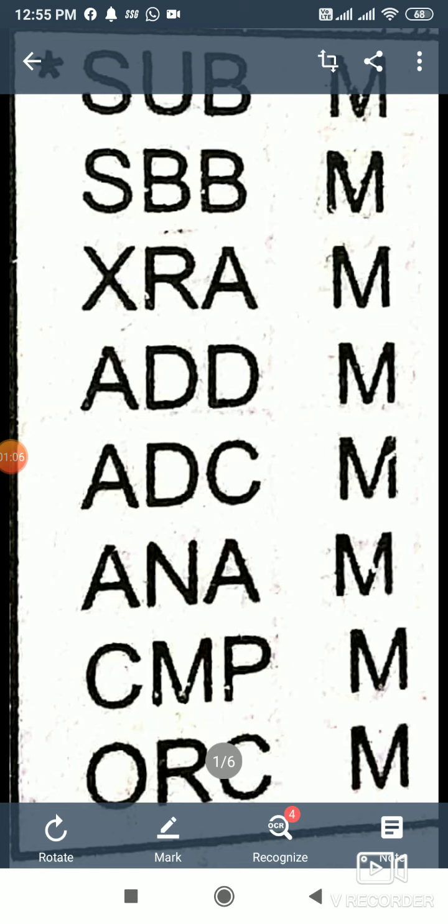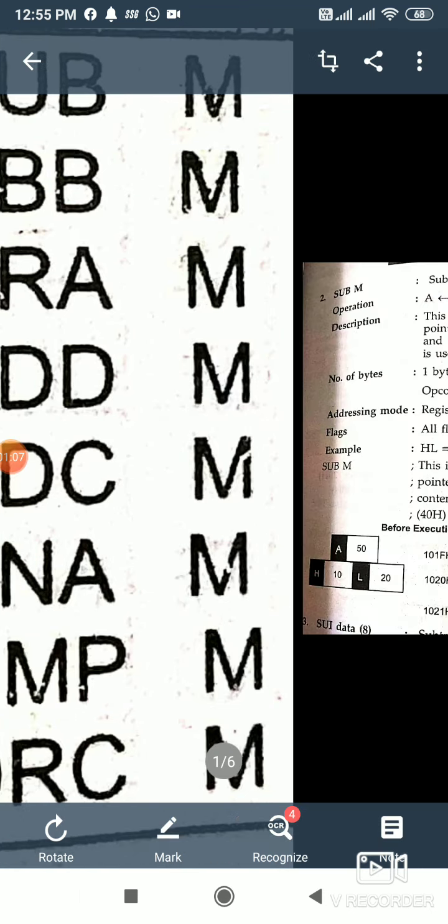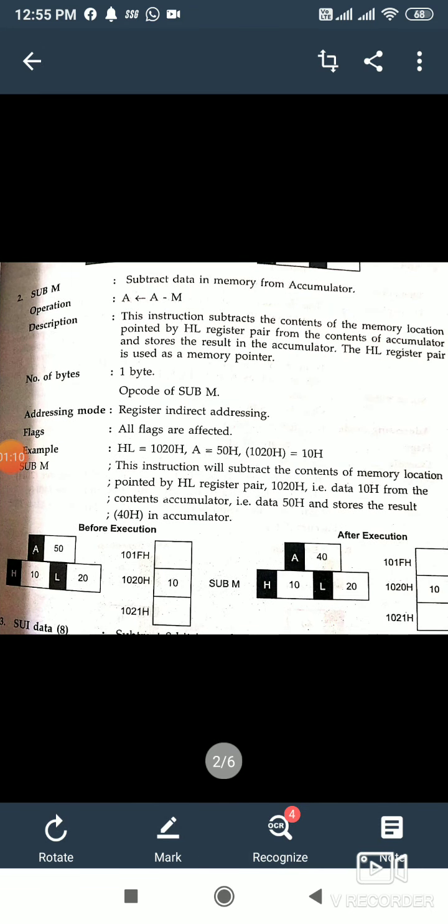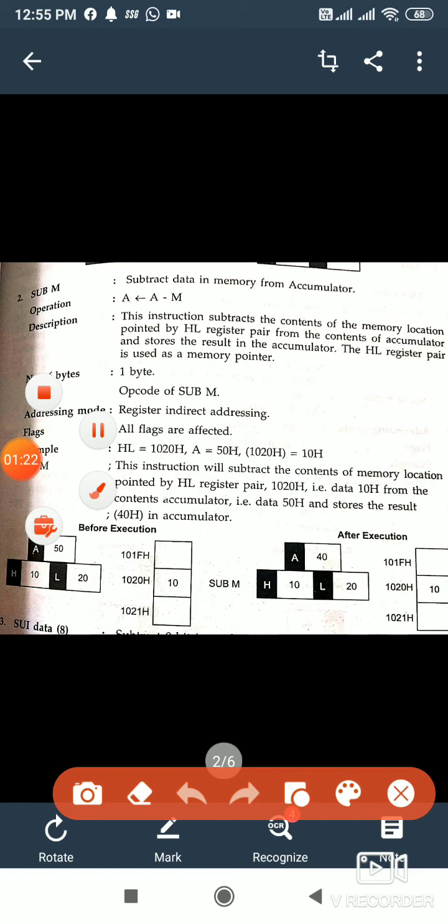Let us take the first instruction, for example, subtract M. Now what does it mean? It means we are subtracting the contents of memory from the accumulator. If we see the diagram here, before execution we are having A as 50, the accumulator is having the data 50, HL is having 10 and 20.